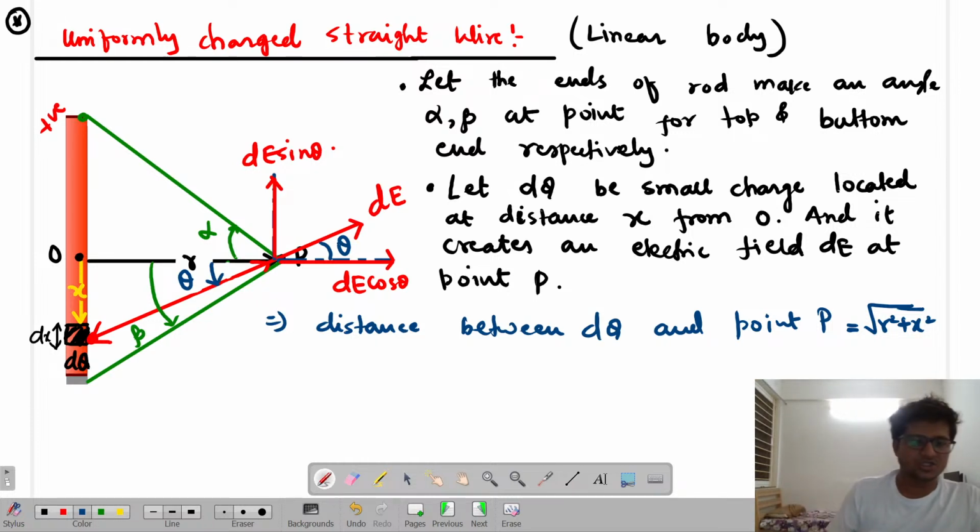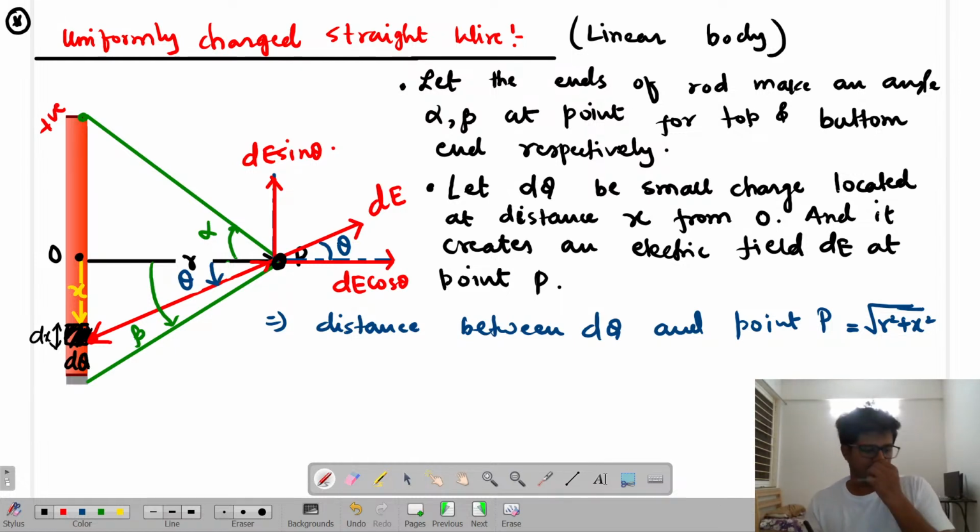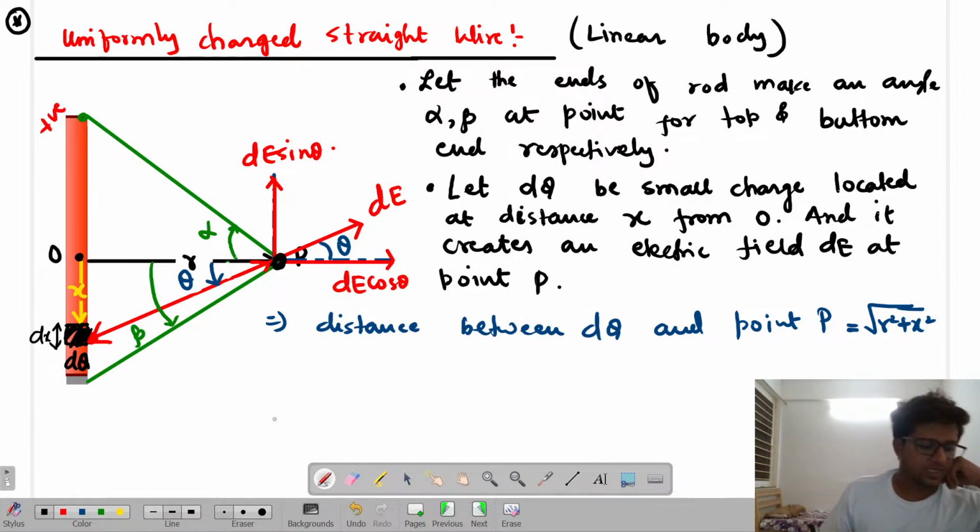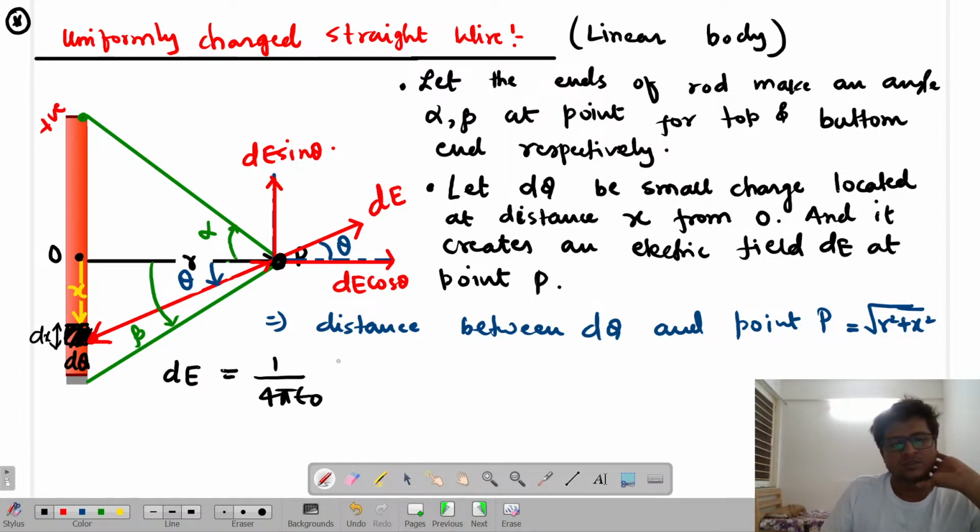dq is my this charge. So distance between this dq and this point P is how much? Root under r square plus x square. ठीक है? तो ध्यान से देखा जाए, अब पॉइंट आता है कि हम इस dq की वजह से इलेक्ट्रिक फील्ड निकालेंगे तो कितना है. तो सिंपल, for dq the electric field will be how much? 1/4 pi epsilon naught dq divided by r square plus x square.